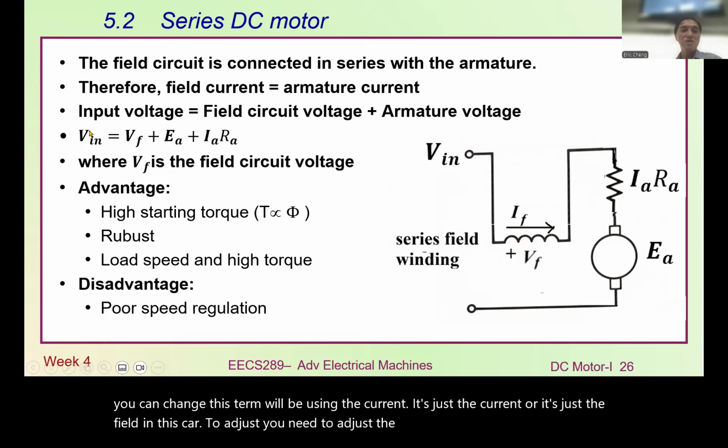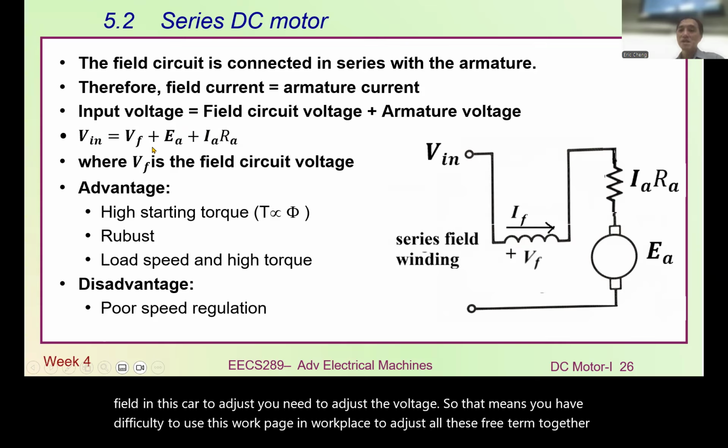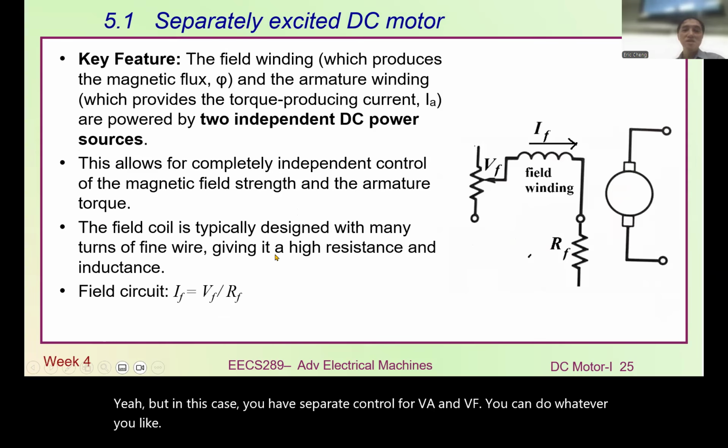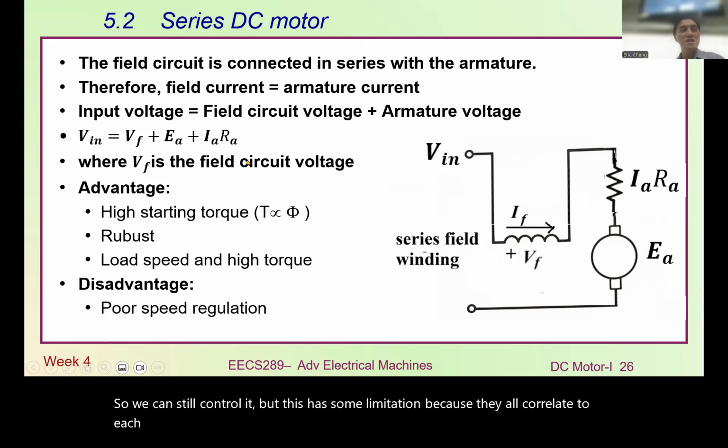So you have difficulty using the input voltage to adjust all three terms together. In the separately excited case, you have separate control for VA and VF, so you can do whatever you like. Here we can still control it, but there are limitations because they all correlate to each other. That's the reasoning for the difficulty in getting good speed control.